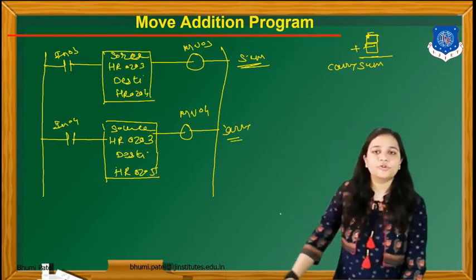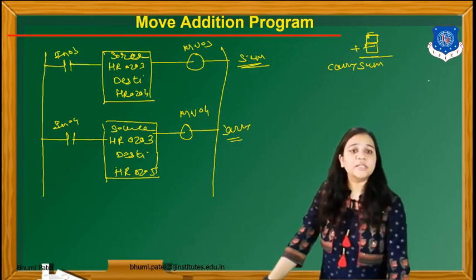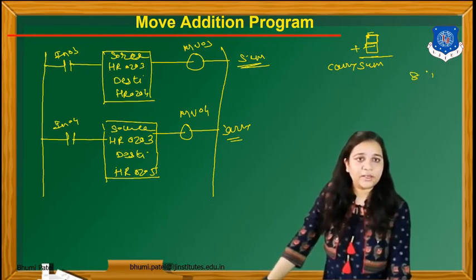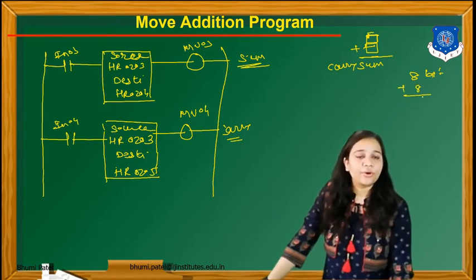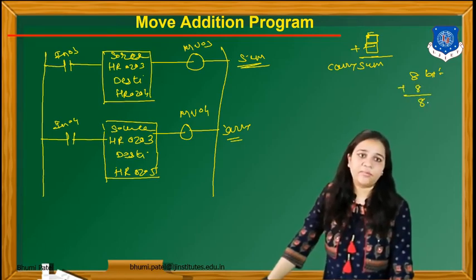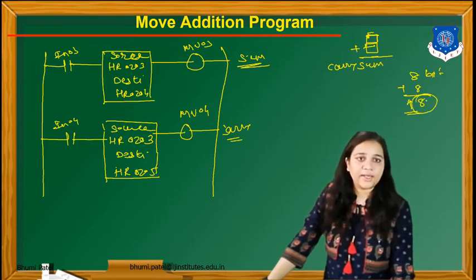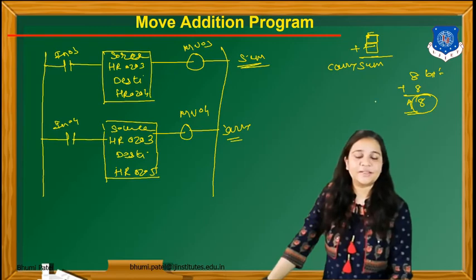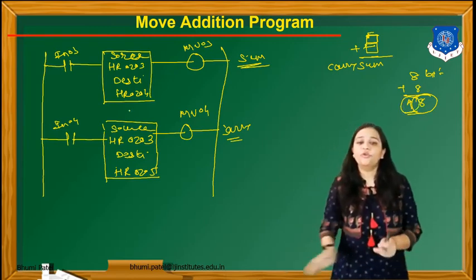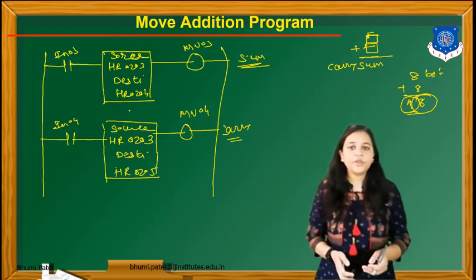Why do we have to use the move function? Because if we add 8-bit data plus 8-bit data, my answer will be 8-bit or more than 8-bit. Okay, so we have to store the 8-bit data in some destination and then the carry generated will be moved to another location.